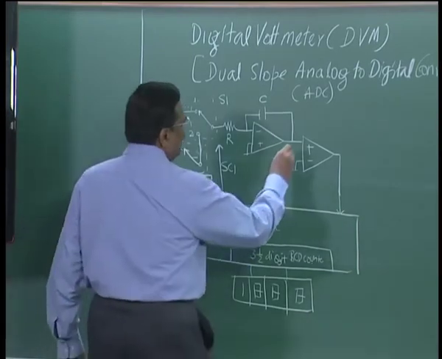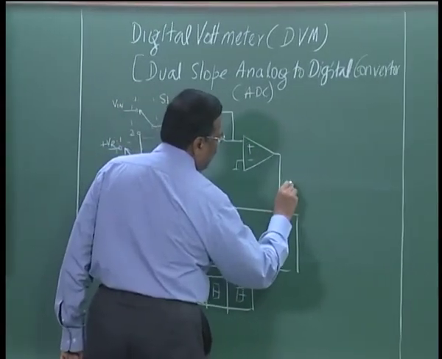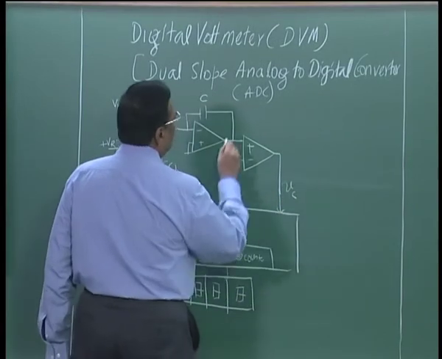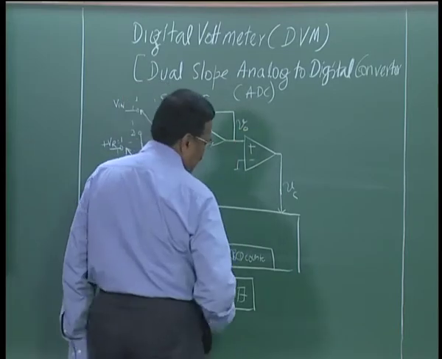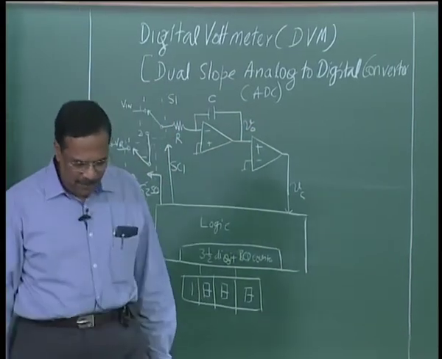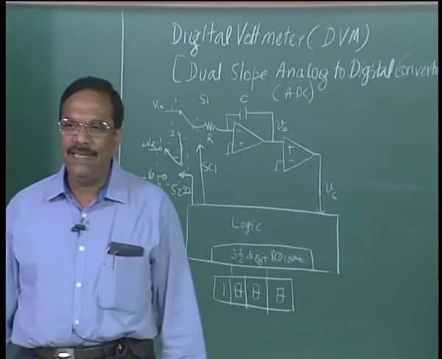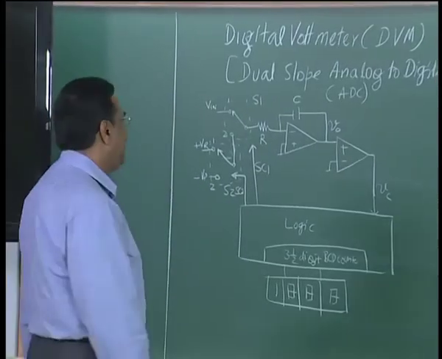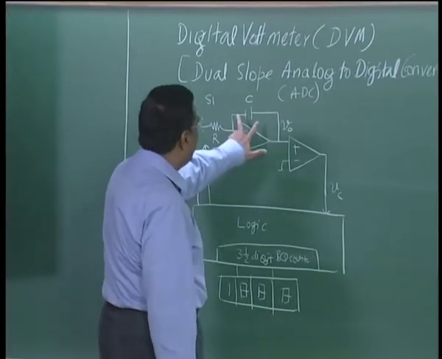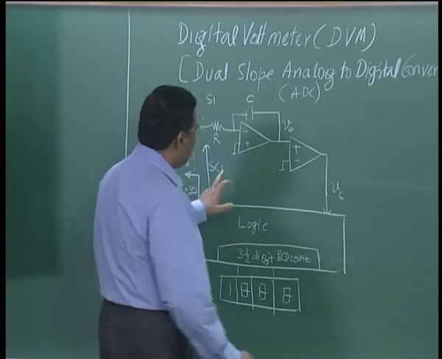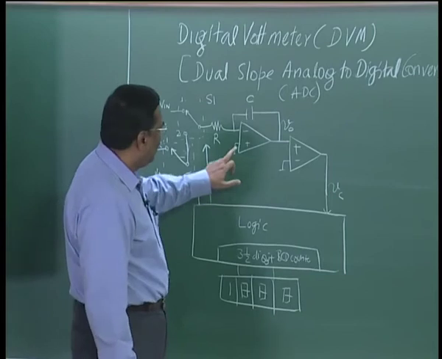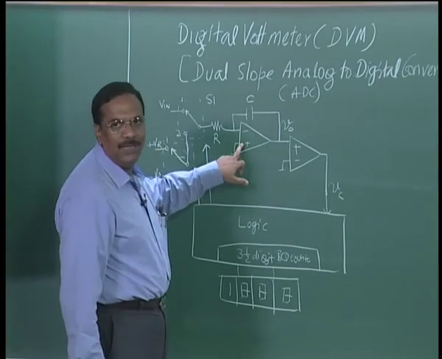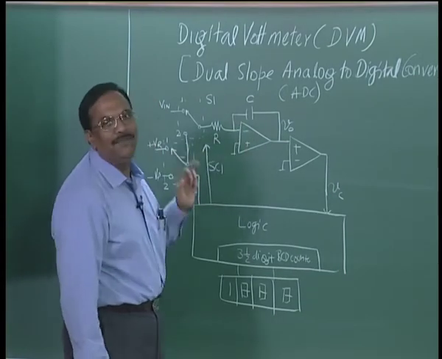And the output of the comparator, I call it as Vc. The output of the integrator, we call it as V naught. V naught is nothing but the voltage across the capacitor, because the op amp, if it works properly, whatever is the non inverting input, the same voltage will appear at the inverting input.